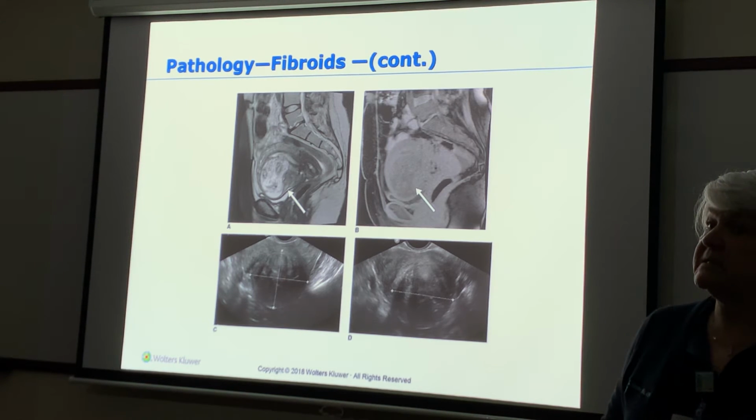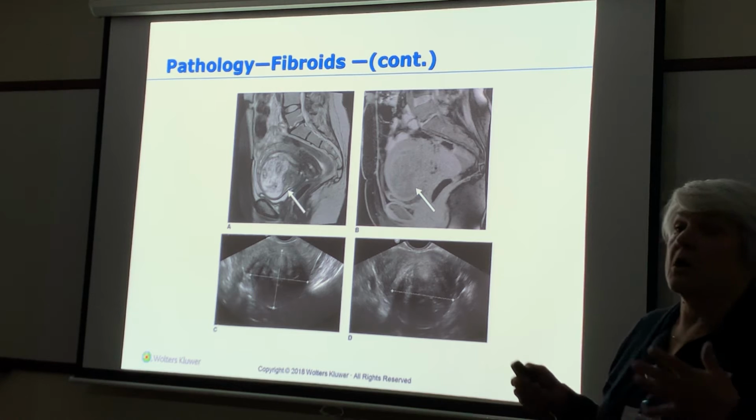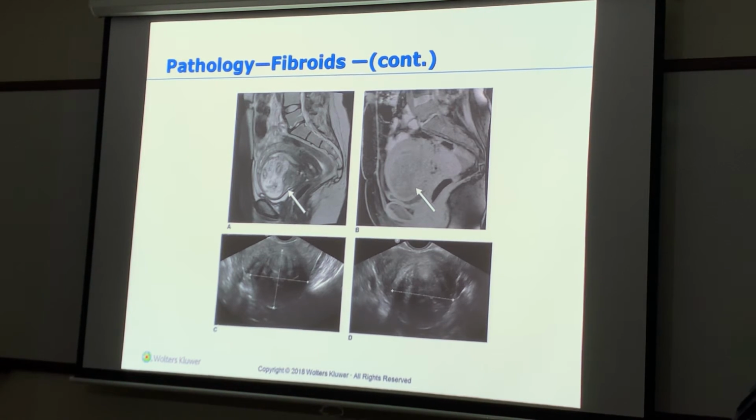Is it in the fundus? Is it anterior body, posterior body, or lower uterine segment, or cervix? Okay? Because if this fibroid is in the cervix, you can bet sex hurts. What's the name for painful sex? Dyspareunia.